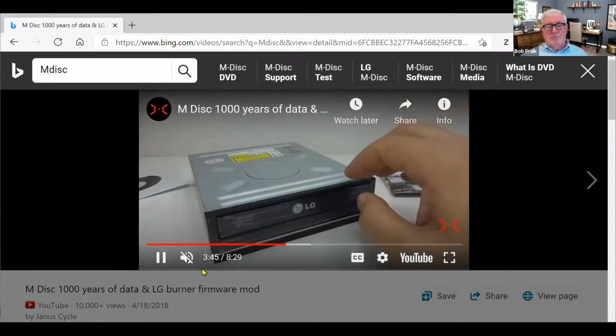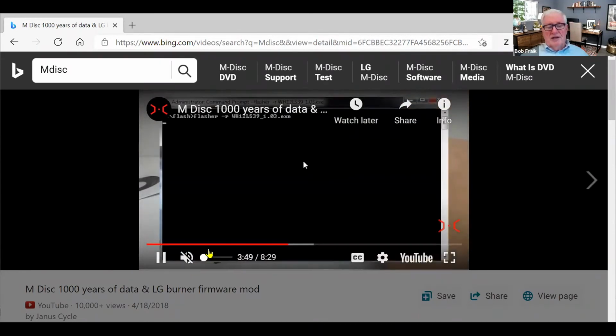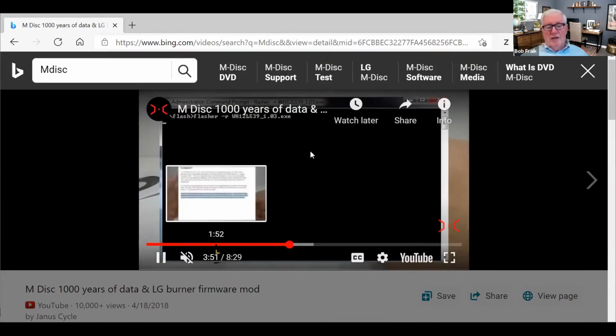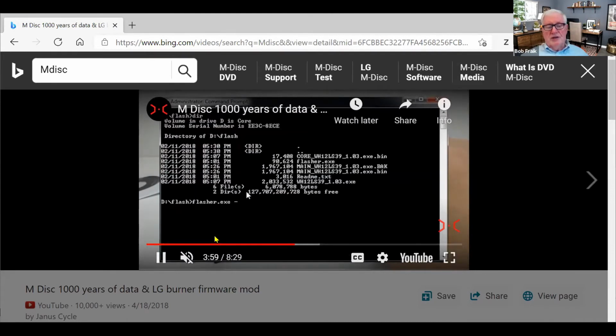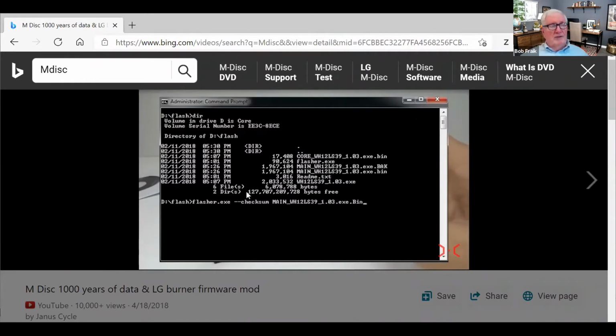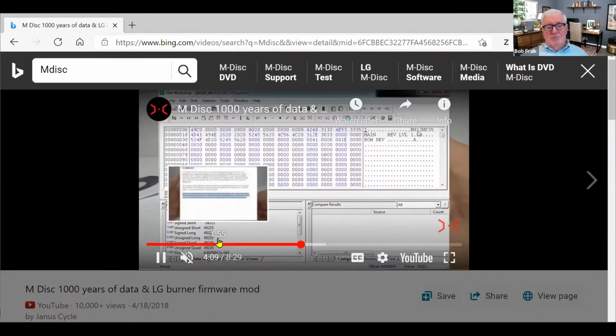It has a different burning technique, so it works on the ceramic coating that's on the M-Disc. But they're not expensive. I bought an external one that plugs into my laptop with a USB for, I think it was about $25. So you can be in business now.